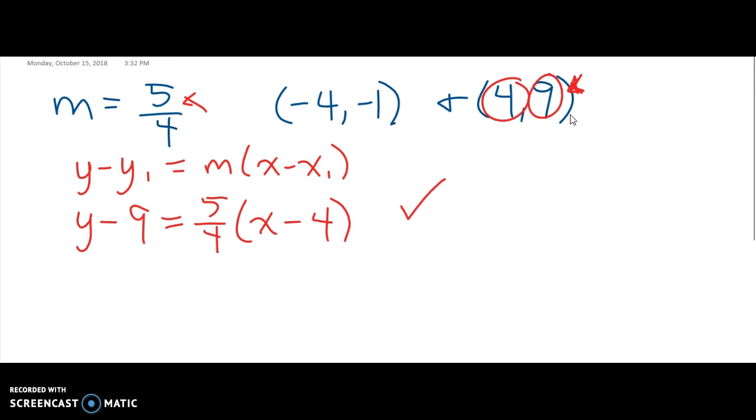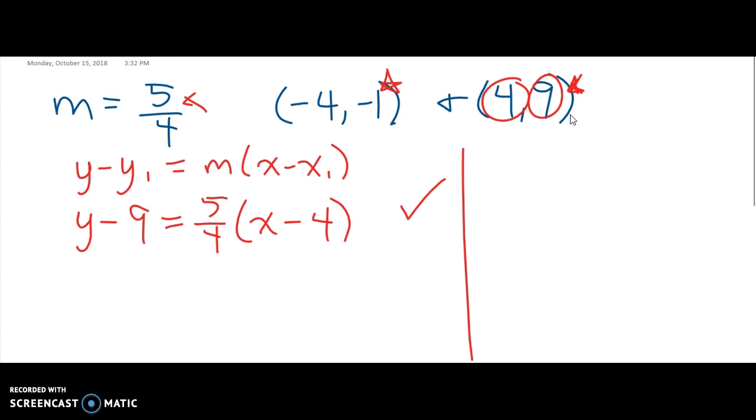Notice that what I'm writing is different than what they would have in the box, but this would work. Let me show you what they have in the second answer. What they did was they used this other point, but just so you know, what I just wrote would work in MyMathLab. They would accept that as an answer because they don't specify which point to use.